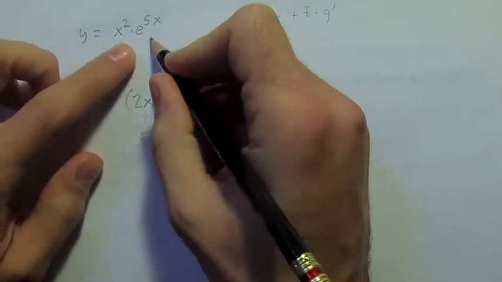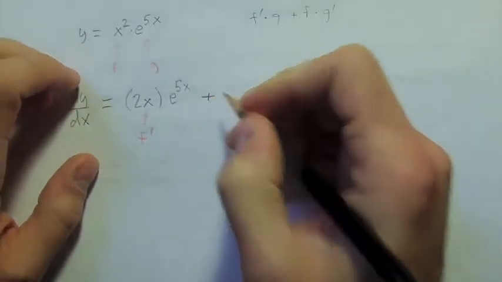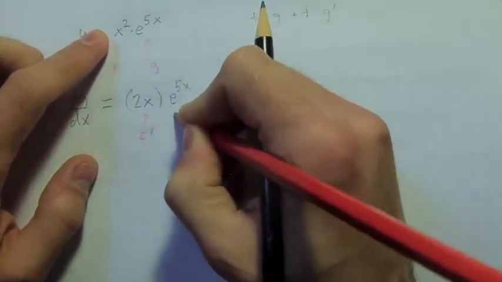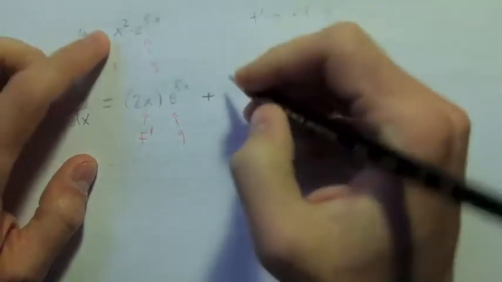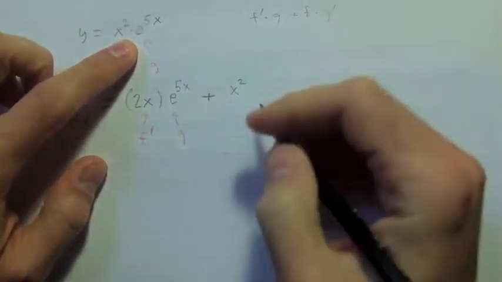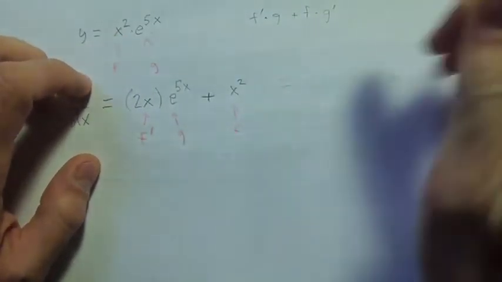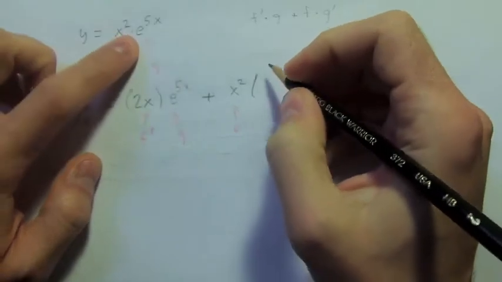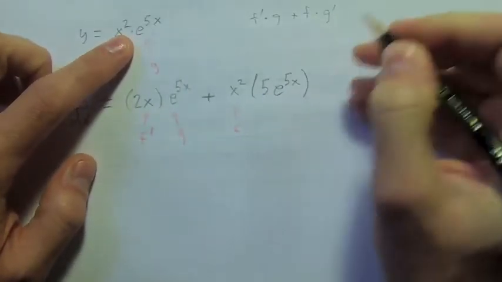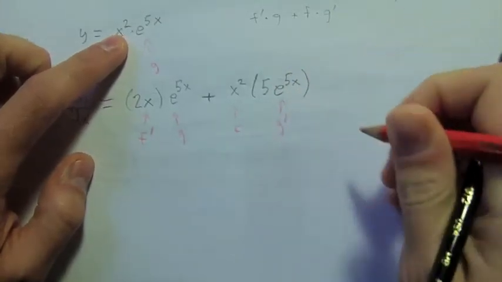So it would be the second guy left alone, so I just write that out. Plus, now it's going to be the first guy left alone, x squared, then times the derivative of the second. So this is just our f left alone, and then the next piece is going to be the derivative of the second function, which will be 5e to the 5x. Right, so that's g prime.